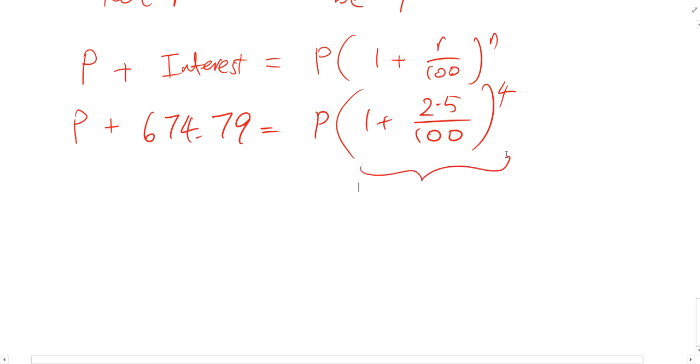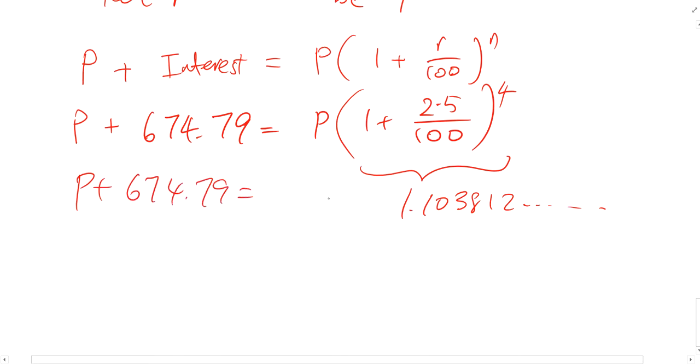2.5 divided by 100 plus 1, power 4. 1.103812 blah blah blah. So P plus 674.79 equals to this times P over here. Okay? Then subtract.